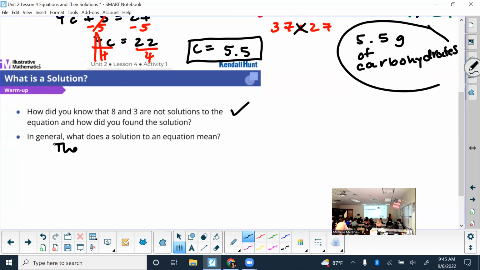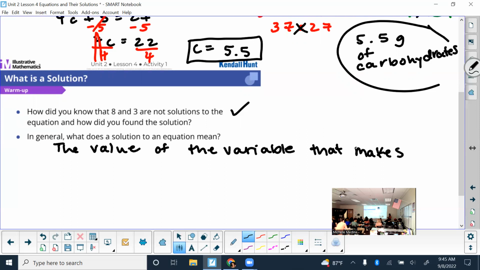So the value of the variable that makes the equation true. Right? So the solution is the value that makes the equation true.